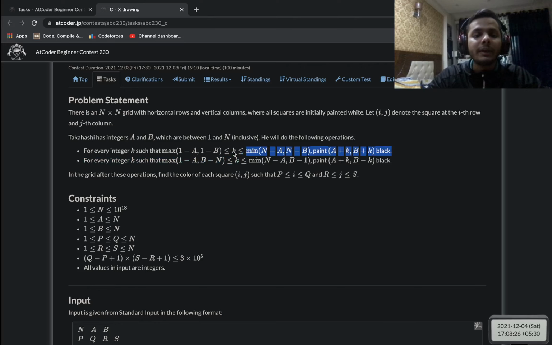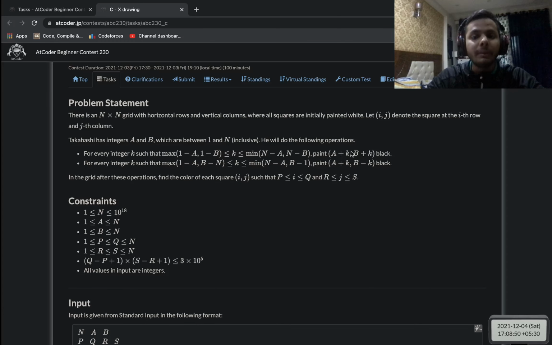You have been provided with the information about which cells you are choosing, right? You choose an integer k, where k lies between maximum of 1 minus a, 1 minus b to minimum of n minus a, n minus b, and you paint a plus k comma b plus k black. Then you choose a k which lies between maximum of 1 minus a, b minus n to minimum of n minus a, b minus 1, and then you paint a plus k comma b minus k black. So you are painting all the cells in these two particular ranges.